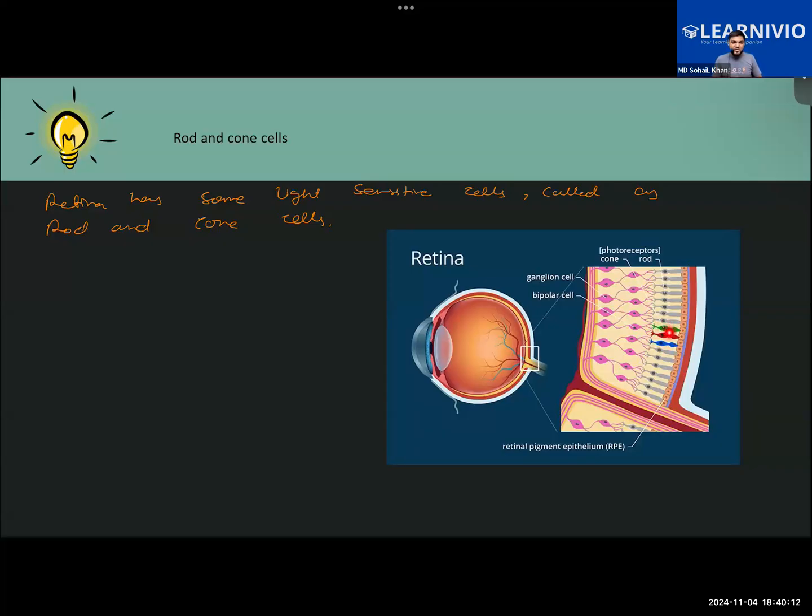So they will be responsible for giving us the vision of colorful light. But during the night, the rod cells will get activated. They will be responsible for providing us vision during the night. Getting it? What I'm trying to say?